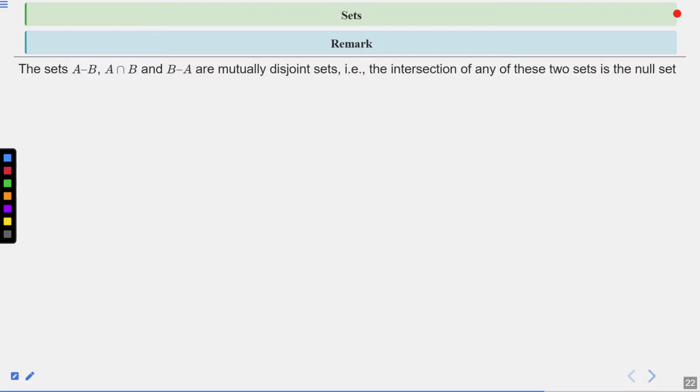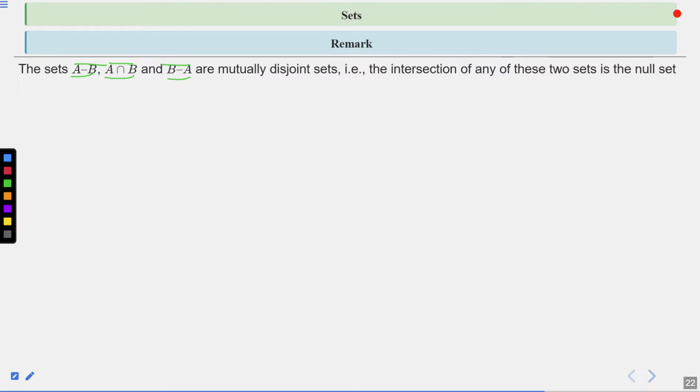Now, there's a remark. A minus B is your difference set. This is your intersection set, A intersection B. This is your other difference set, B minus A. If someone says, find out the collection of all the elements which are common to these three sets, can you find out?